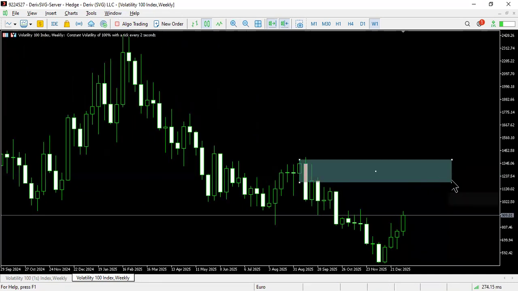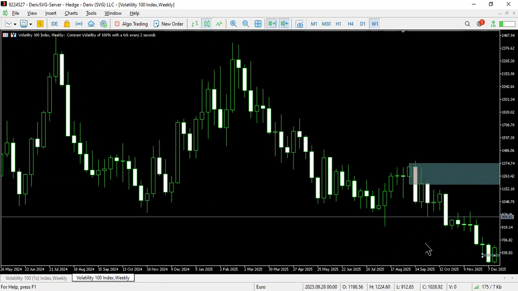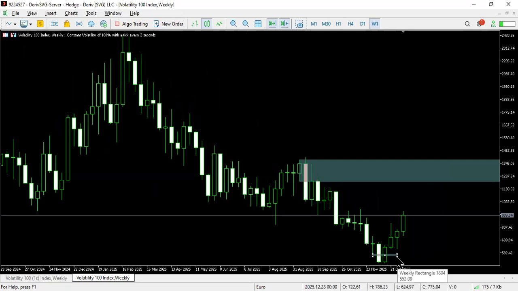So that is where we have our supply zone. And then down here, we have our demand zone. So we have our demand zone right there.